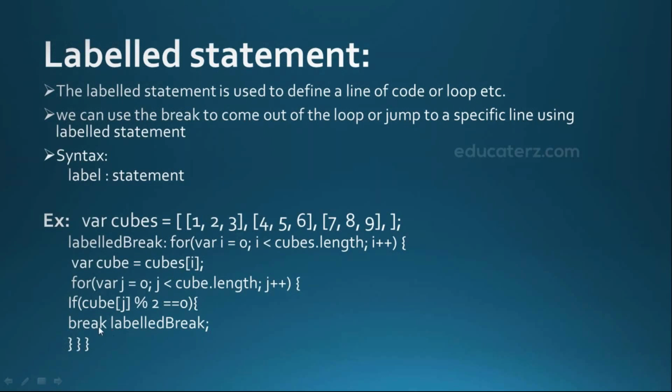So when I use label break, it will break out of this label statement. So if the value is divisible by 2, it will break out of this label statement and will continue execution from the next line. So this is the main important difference between the break and the label break.